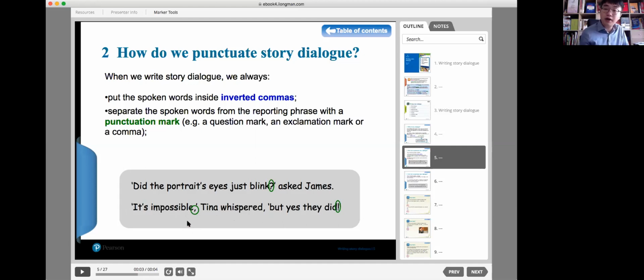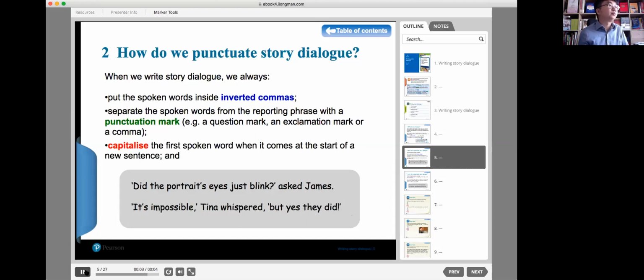So we put a comma here and then the next spoken words. "But yes, they did!" This is an exclamation, so it requires an exclamation mark. And also, remember, you have to capitalize the first spoken word when it comes at the start of a new sentence. Just like here, we use a capital E and also a capital I at the very beginning of the sentence.